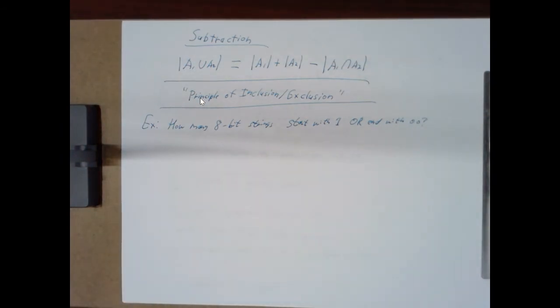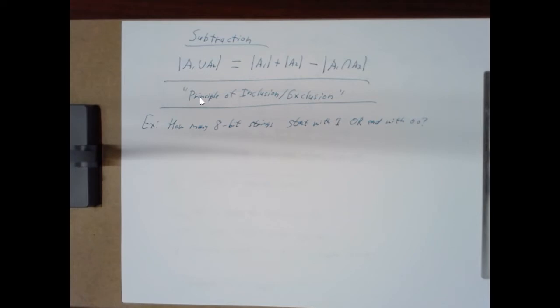So an 8-bit string, 8 ones and zeros. Some of these strings may start with a 1 in the most significant bit. Some of them may end with a 0, 0 in the 2 least significant bits. We want to know how many strings fall into that category. How many 8-bit strings start with a 1 or end with a 0, 0?